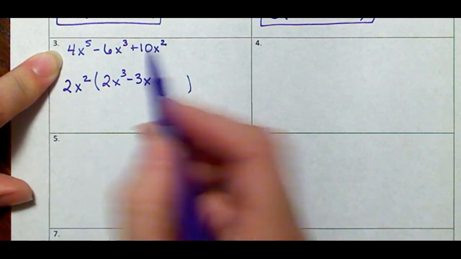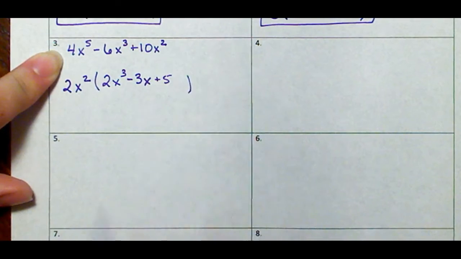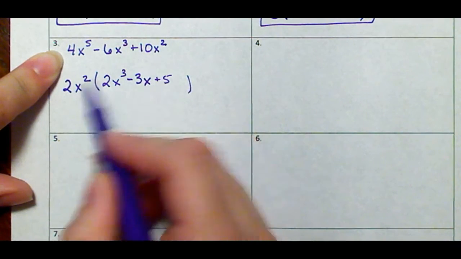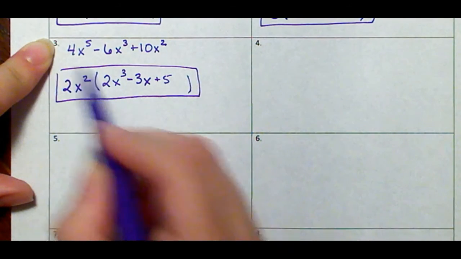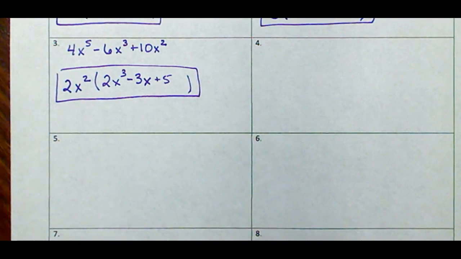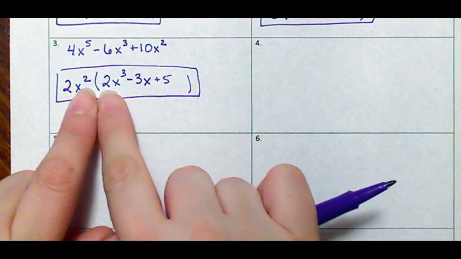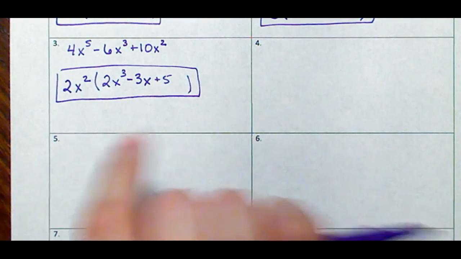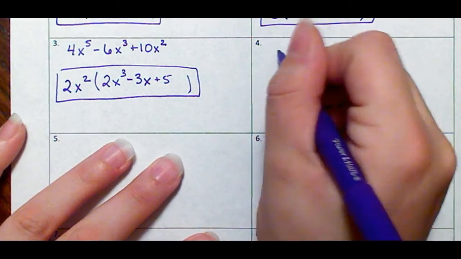Then finally, 2 goes into 10 5 times. So 2 times 5 is 10. And notice I already have my x squared. So this right here would be completed. 2x squared times 5 is 10x squared. And then looking in here again, 2, 3, and 5, they have nothing else in common. So you're done.